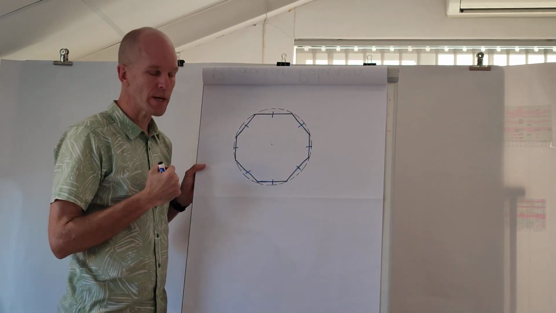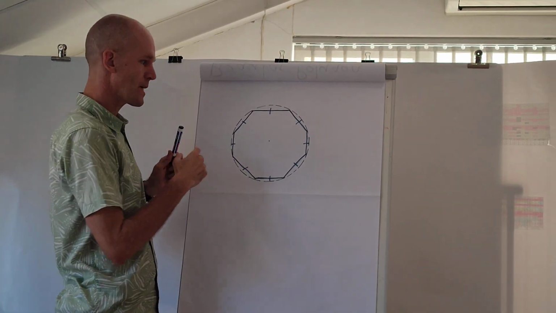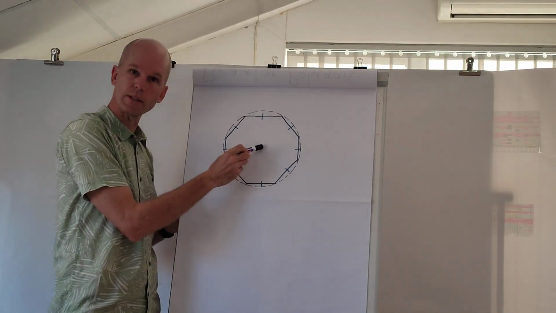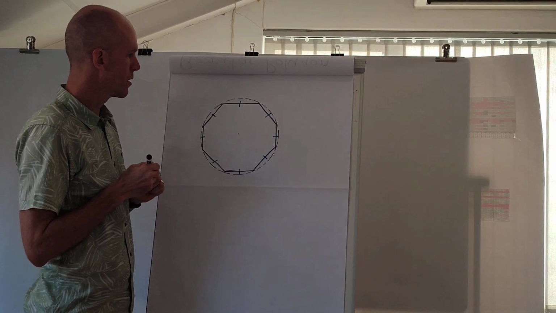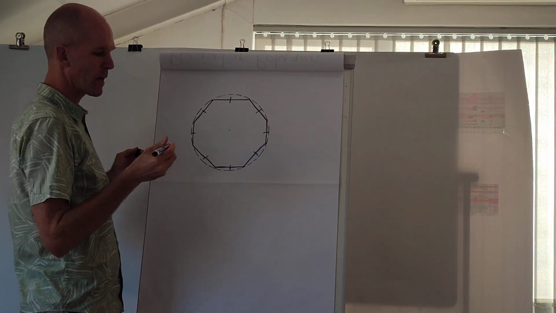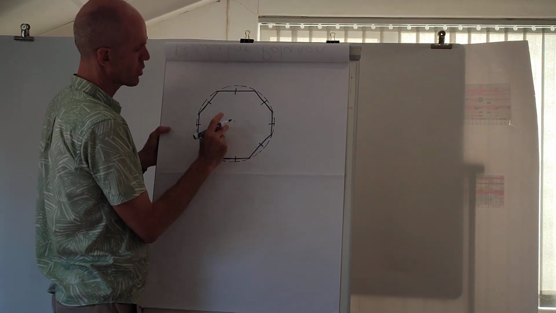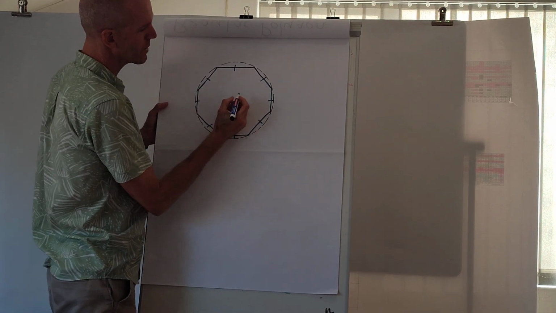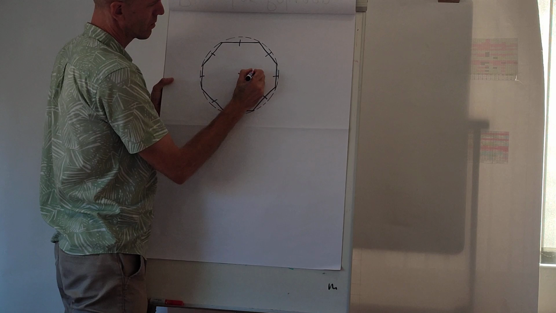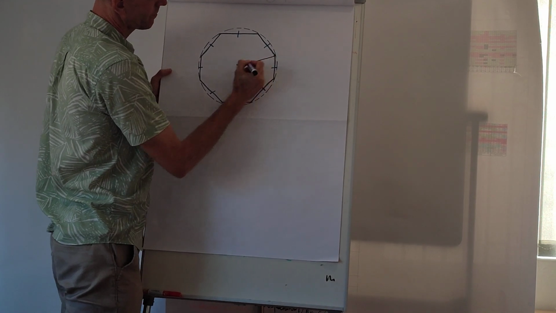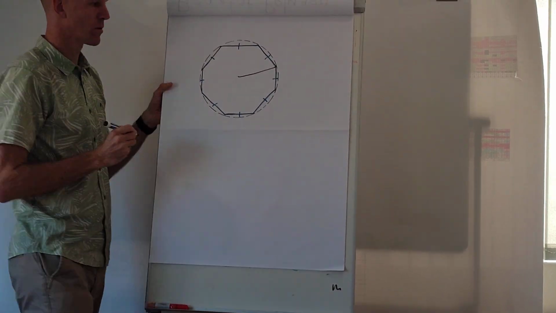The thing that we know about circles is that it's got a center. Can you see I've marked the center? Right? And we also know that I can draw a line from the center to the perimeter of the circle, like this. Okay? And that is a radius.